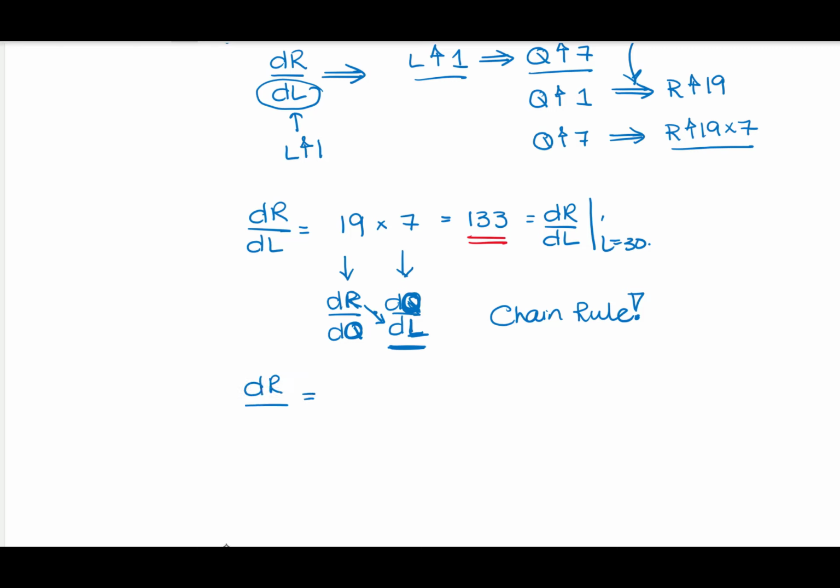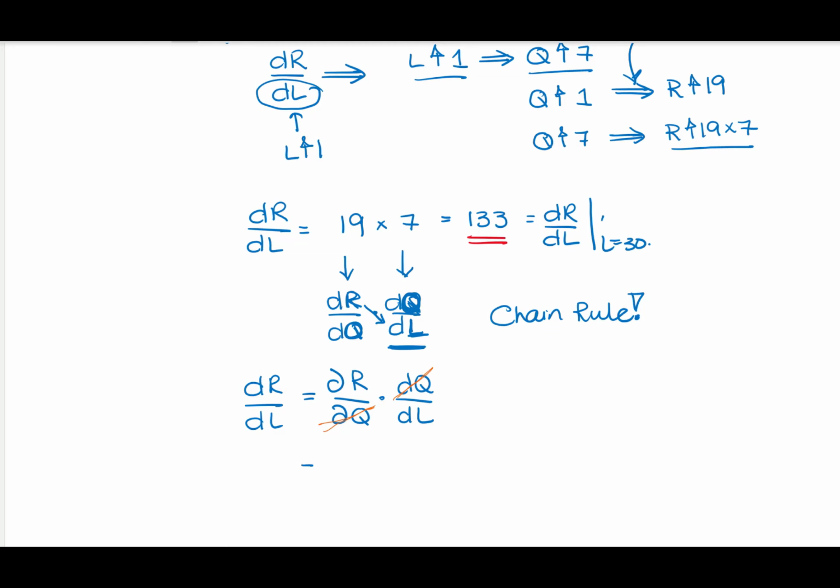This is dR/dQ times dQ/dL, and you can see a kind of pseudo cancellation that happens there, leaving us with dR/dL. That is the essence of the chain rule. So if you can figure out how these relative changes occur and they're linked, you can approximate different types of changes.